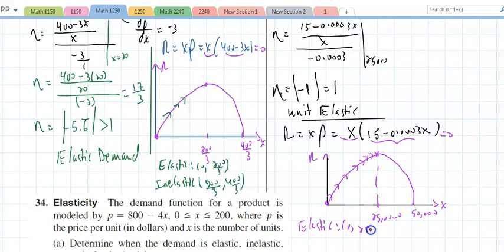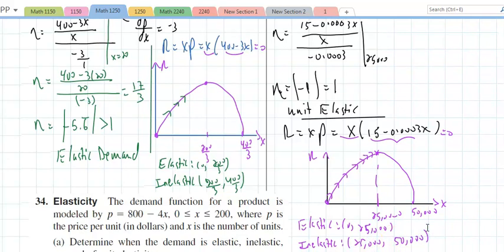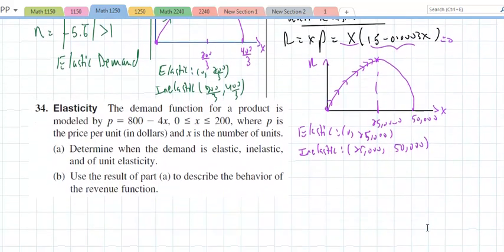And it's inelastic from 25,000 to 50,000. And that would be it.